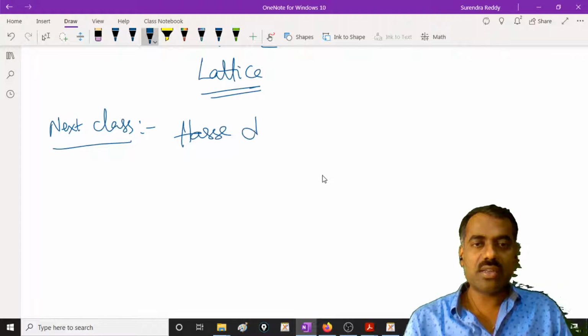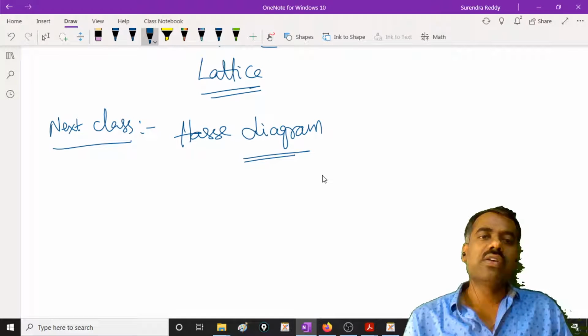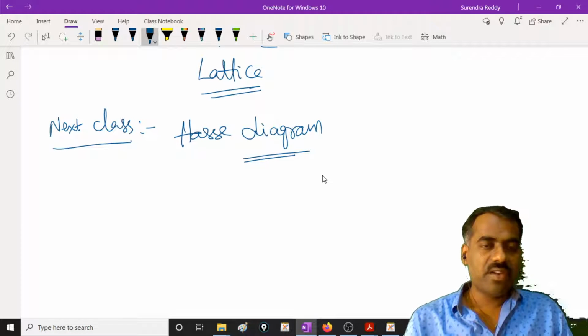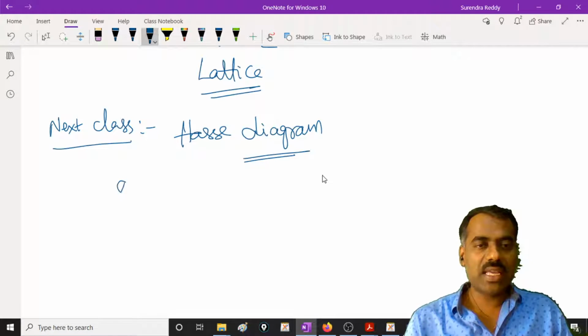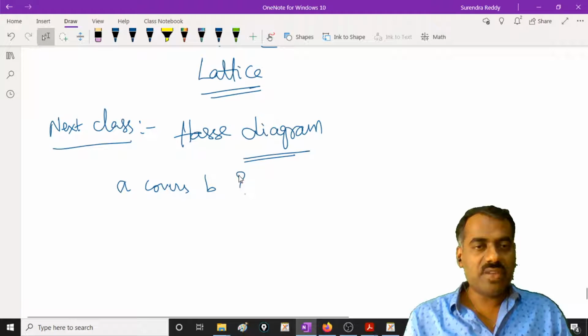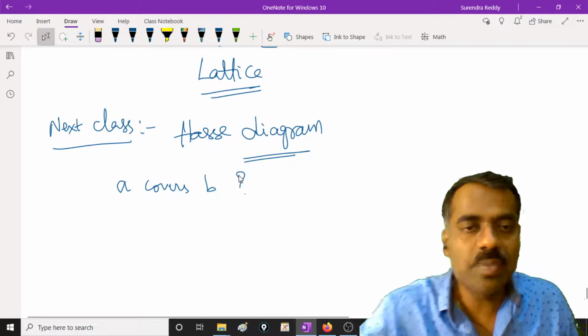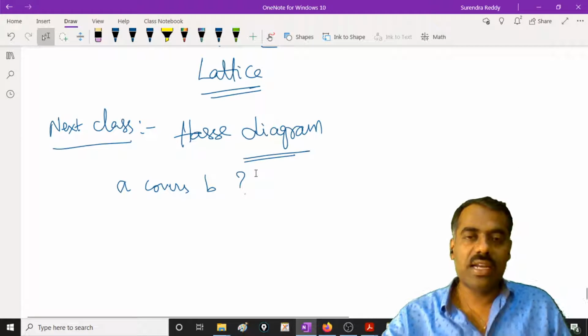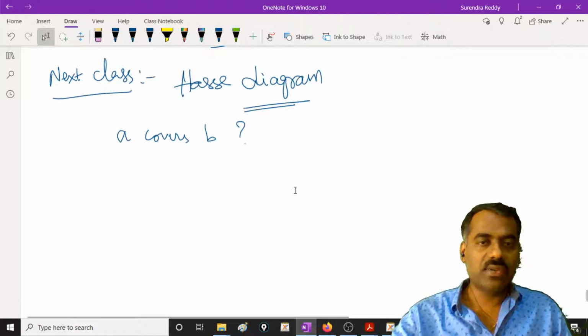In our introduction, we have briefly explained it, but now we go into detail on what is meant by this Hasse diagram. For that, we should know what is meant by a covers b and how we represent that. All these things. Based on this, we can define the Hasse diagram, and after that, we will go to some important elements in a lattice. You can call them irreducible elements, all those things.